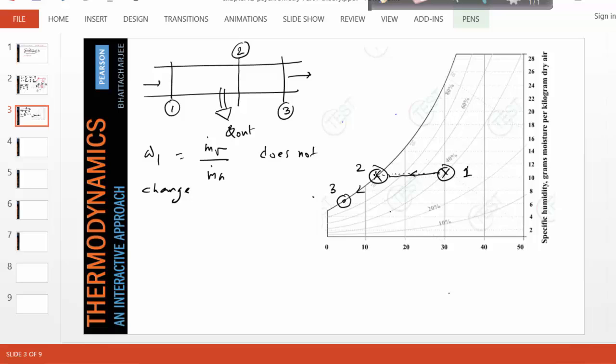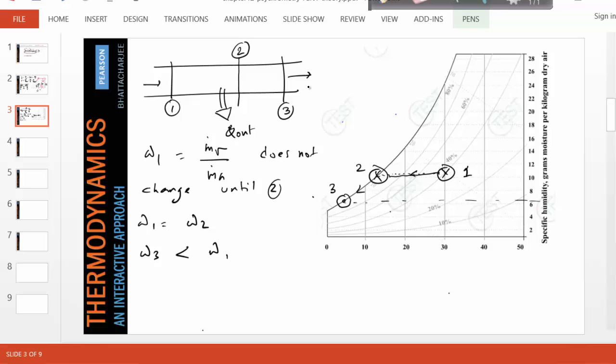But if the final state is here at state 3, notice this is my omega. Omega 3 is much less. So omega 1 and omega 2 are equal, but omega 3 is much less than omega 1. So what does it mean?